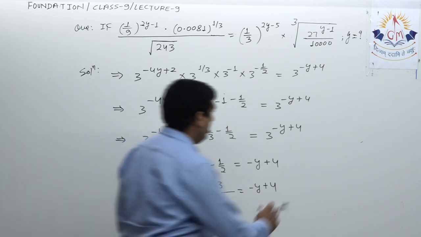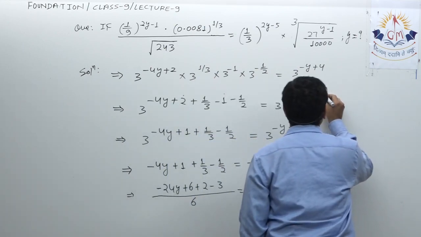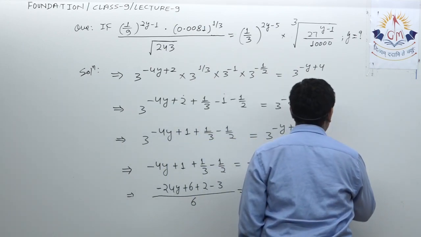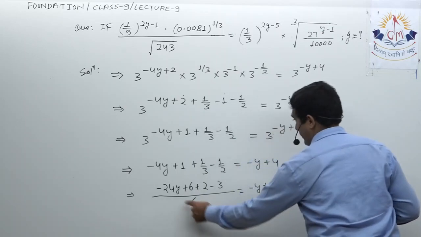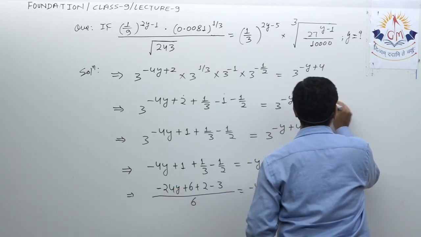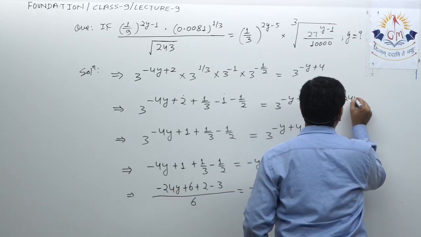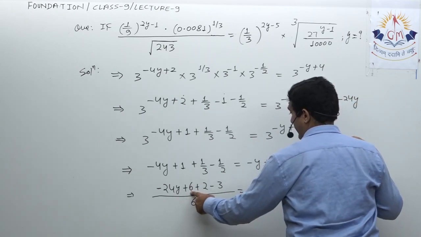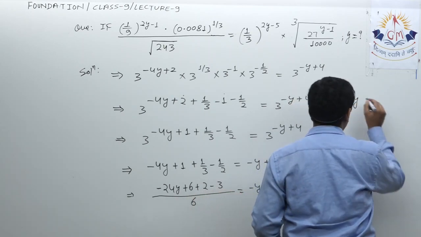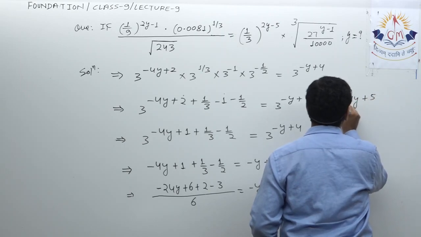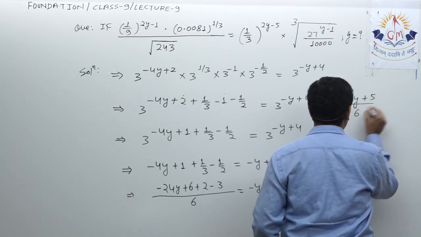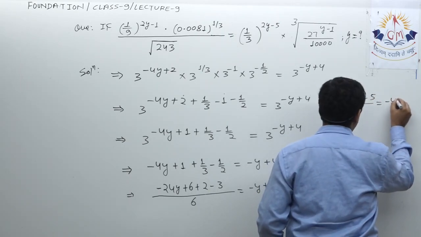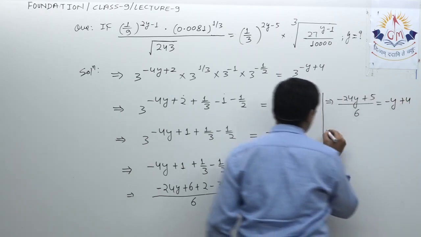Okay, now let us see how to solve it further. This numerator here, it is minus 24y plus 6 plus 2 is 8, 8 minus 3 is 5. So plus 5 divided by 6 is equal to minus y plus 4.